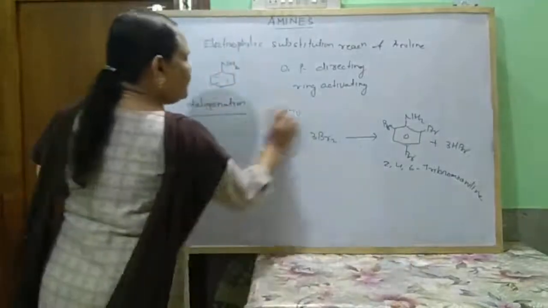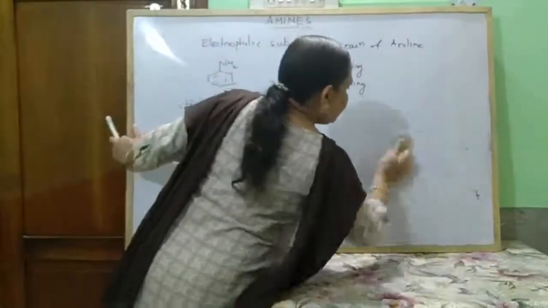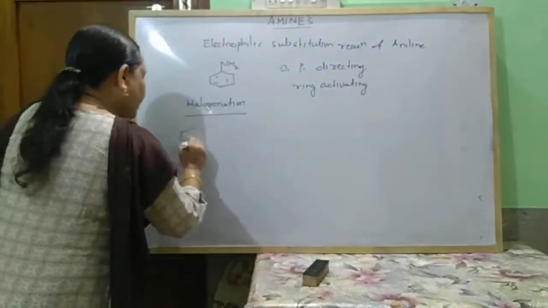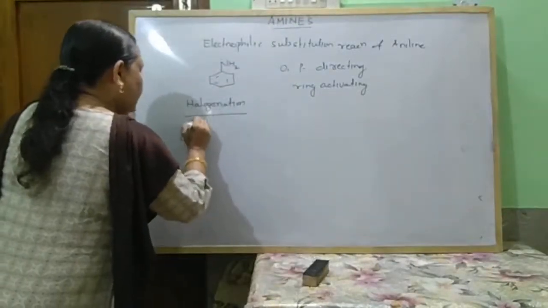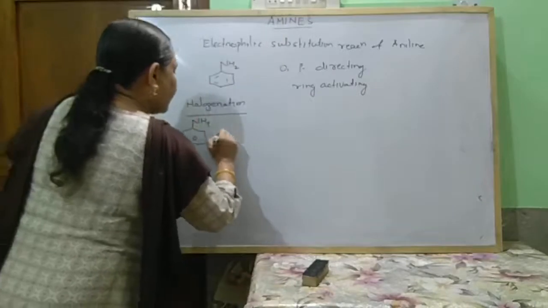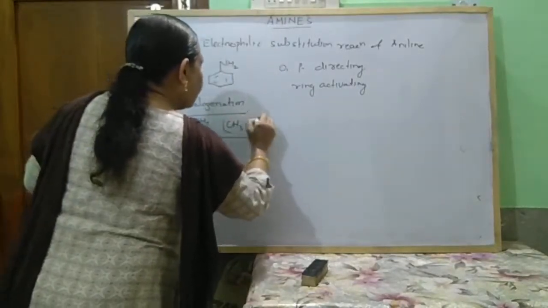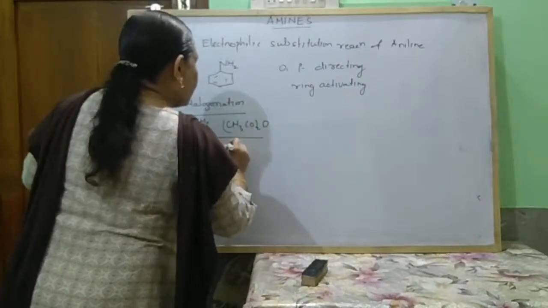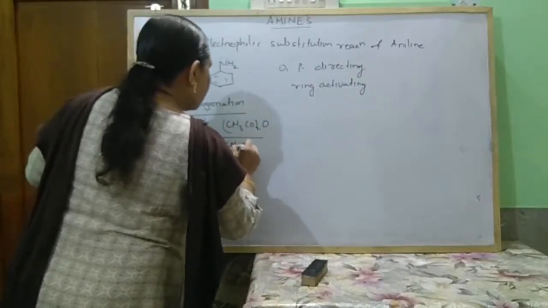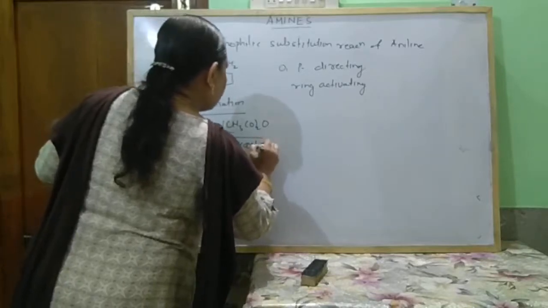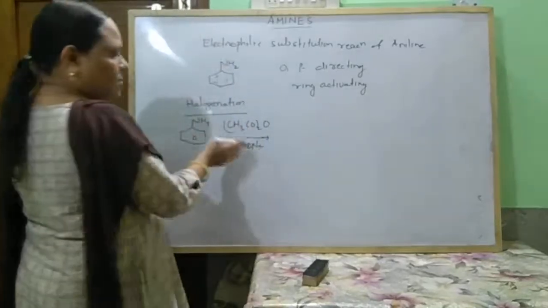Look here. But when aniline is first treated with acetic anhydride in presence of sodium acetate, it generally undergoes acylation.